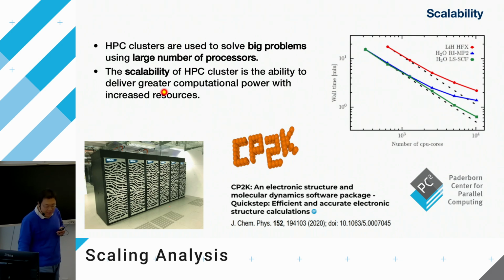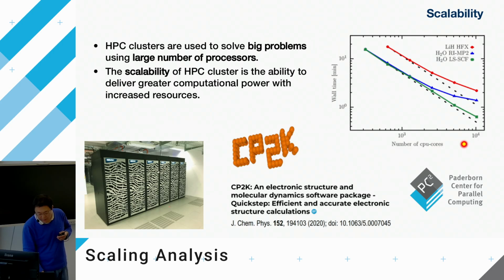Here is an application, the CP2K application, using the entire Noctua 1 cluster, which has just retired recently. But this is still a very good example to show you the scalability of the calculation.